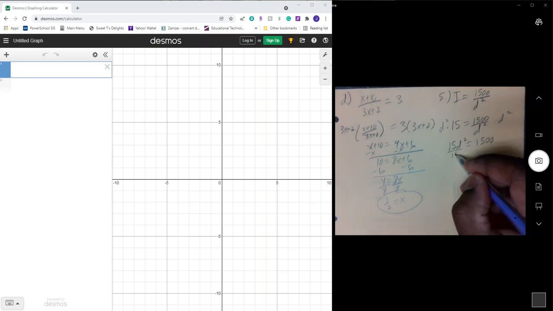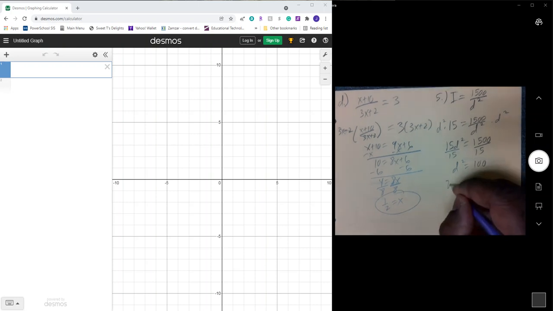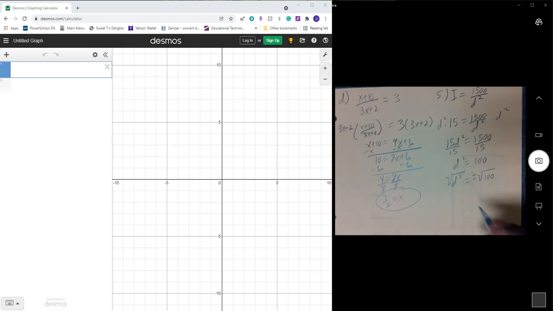We divide each side by 15, and d squared is equal to 100. Now to get rid of the square on the d, we would have to take the square root of both sides, the square root of d squared, and then when we take the square root here, we have to put plus or minus in front, and that would be the square root of 100.